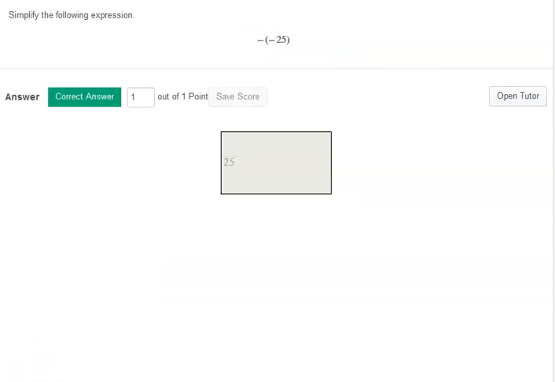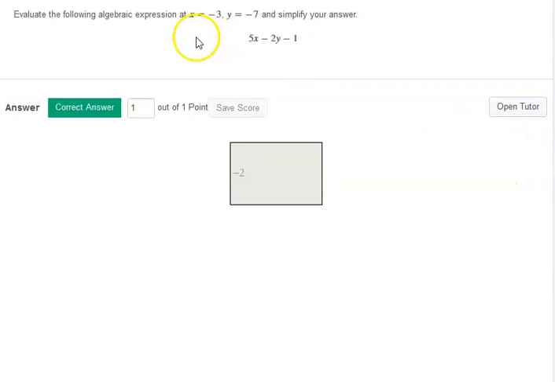A few easy ones now toward the end. The opposite of a negative is a positive. And we want to evaluate, and again, a protocol for doing this is to write 5, and then parenthesis. What is your X value? A negative 3. Minus 2. What is your Y value? A negative 7.